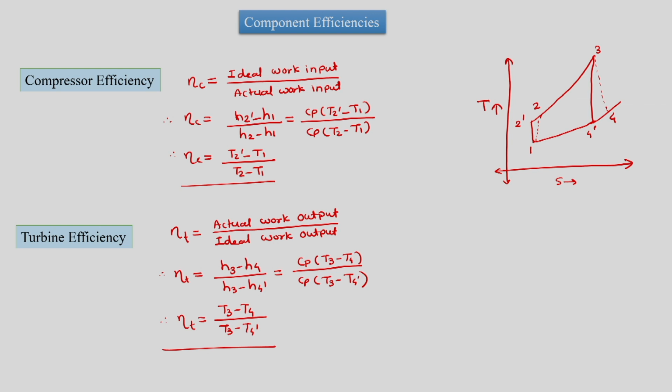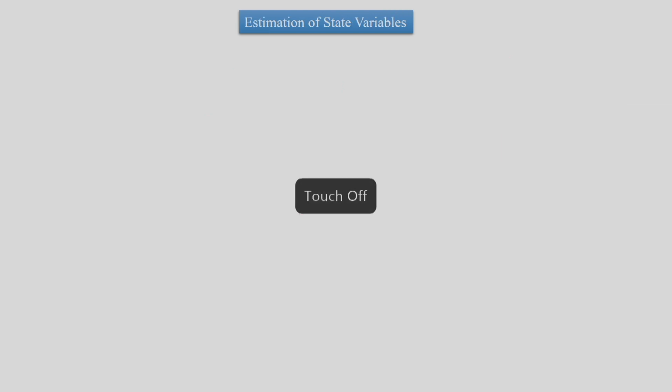chapter. In principle, while solving the example, or in reality, we would be knowing the compressor efficiencies or turbine efficiencies, and using that we have to estimate the performance of the cycle or the engine. So let us start with state estimations. We did it earlier also in case of ideal.